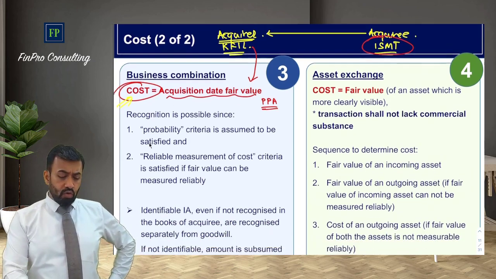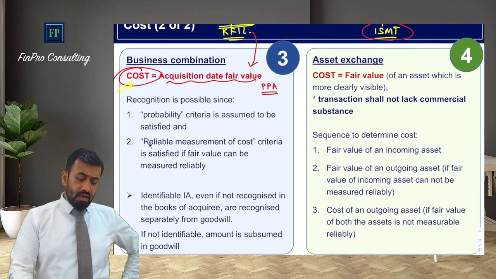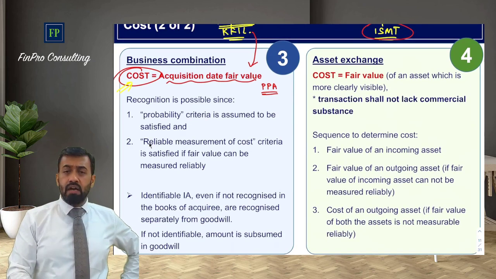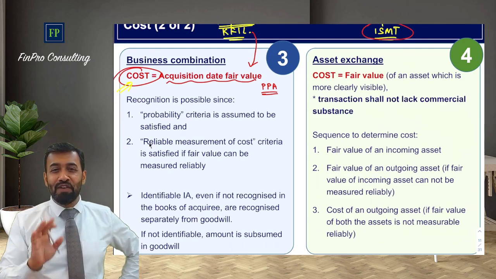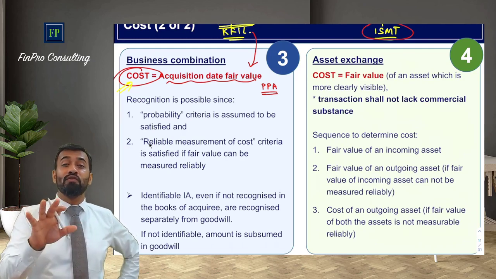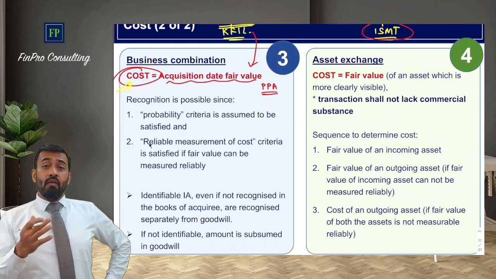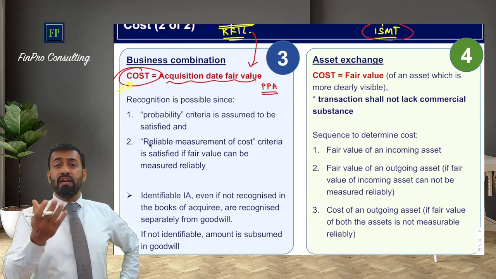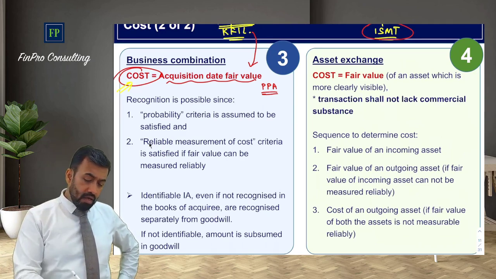An important point you have to consider here: now you know the business combination standard also, because we are doing just the revision, so I'm assuming you know business combination to a certain extent. What formula do we generally use to calculate goodwill?